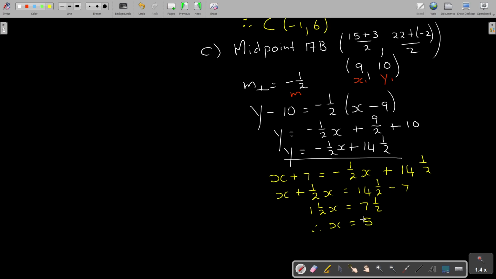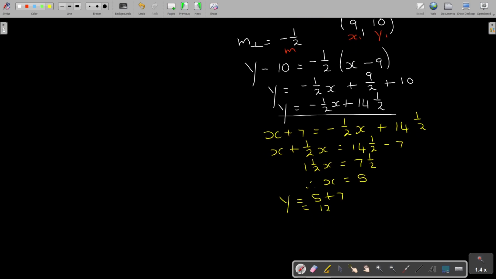And then I substitute it into the green one. So y is equal to 5 plus 7, which is 12. And then I finish off and I say, therefore, don't forget to write that, because that's the question asked. Point D is 5 and 12. It says very long sums, but try to put a lot of order in the sum and look up and use the information from the top.